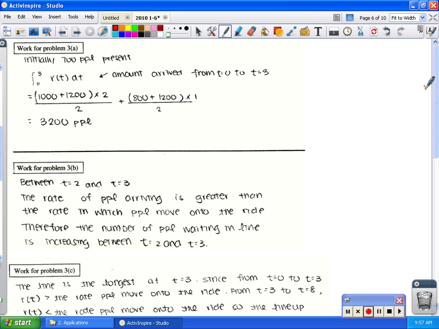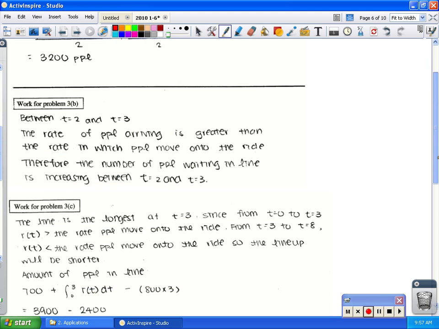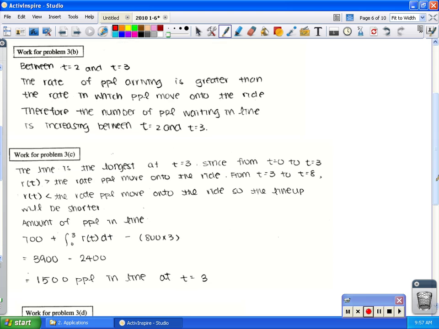They did geometry again, and they got their people, got the peeps. And then in part B, the rate of people arriving is greater than the rate in which people move onto the ride. Therefore, the number of people waiting in line is increasing between t equal to 2 and 3. Now, notice how this student just simply wrote it up in words. You don't have to get all real fancy.